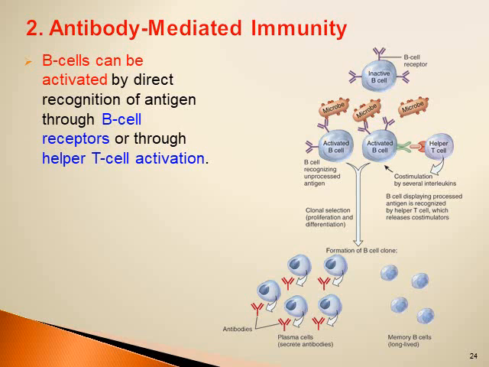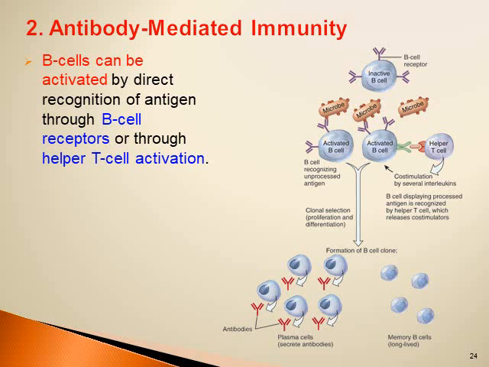We finished the cell-mediated immunity, and let's talk about the antibody-mediated immunity. The key player in antibody-mediated immunity are the B cells. B cells can be activated by direct recognition of antigen through B cell receptors or through the helper T cell activation when they are activated by antigen-presenting cells that present an antigen on their surface.